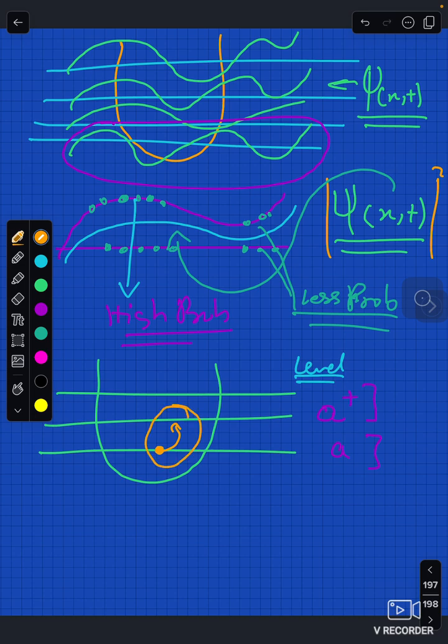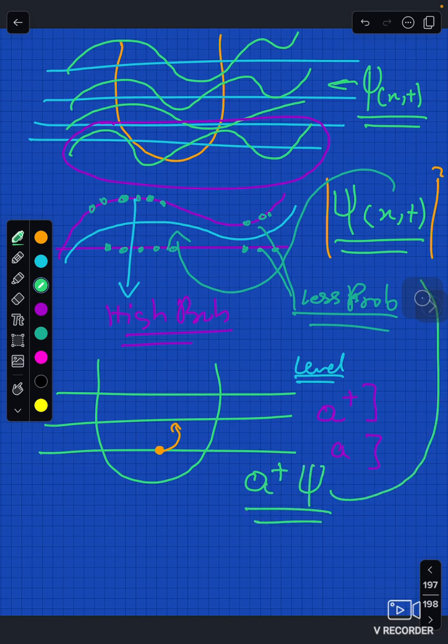So when it's going up, it's actually creating energy. So energy annihilation plus wavelength. This is why I talked about the wave function first. This will cause the electron to rise in level.